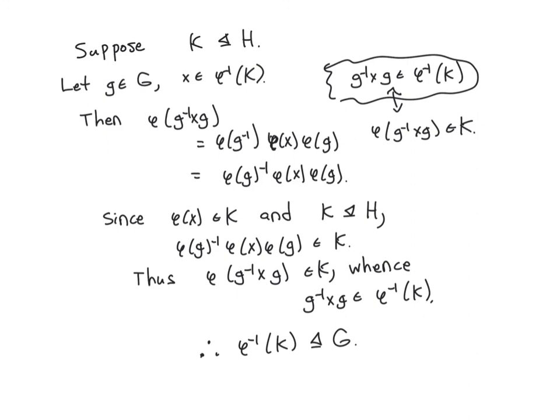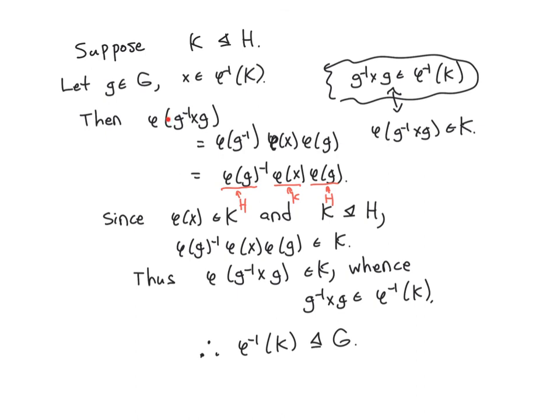So we're conjugating an element in K by an element in H. And therefore, this product is an element in K, because K is normal in H.